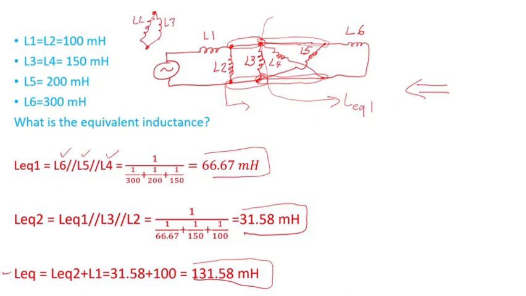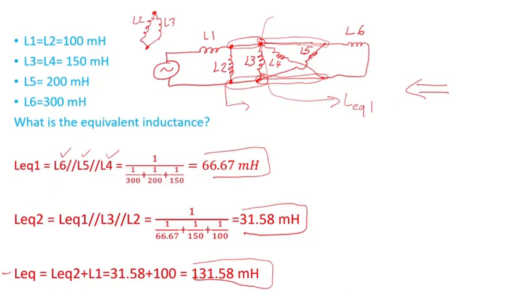If the current is injected at a point, is the current going to be divided between the inductances, or is it going to flow in the same inductances? If it divides, that means those inductances are in parallel. If the same current flows through them, that means they're in series.